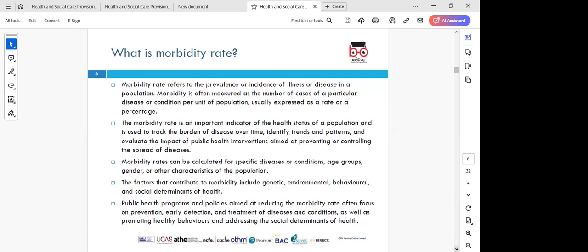The morbidity rate is an important indicator of the health status of a population and is used to track the burden of disease over time, identify trends and patterns, and evaluate the impact of public health interventions aimed at preventing or controlling the spread of diseases.